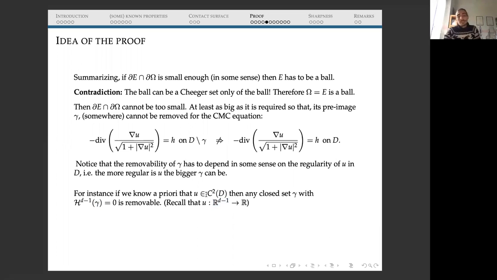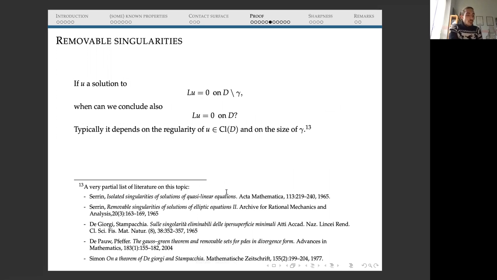Okay, so the problem is that we cannot rely on such regularity. We can hope just to have C^(1,1). So we cannot just invoke the continuity of the derivative and conclude. So we need to dig deep into this concept of removable singularity, and the question can be posed in general in this form.